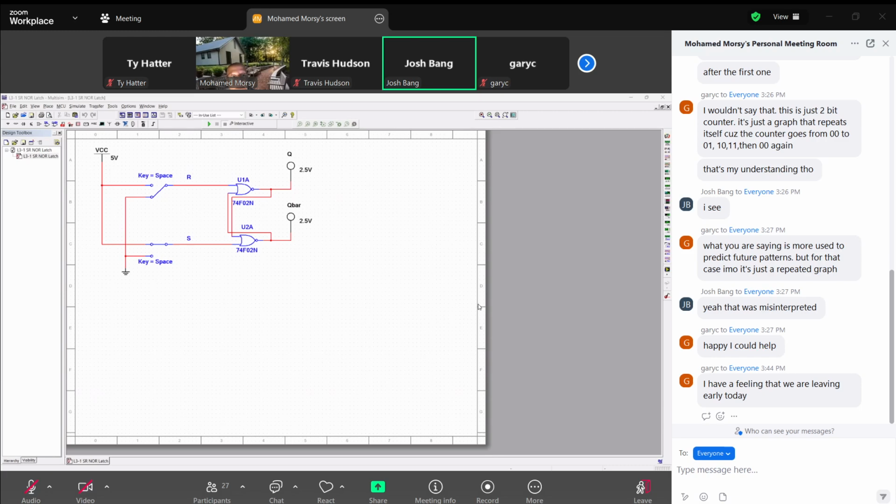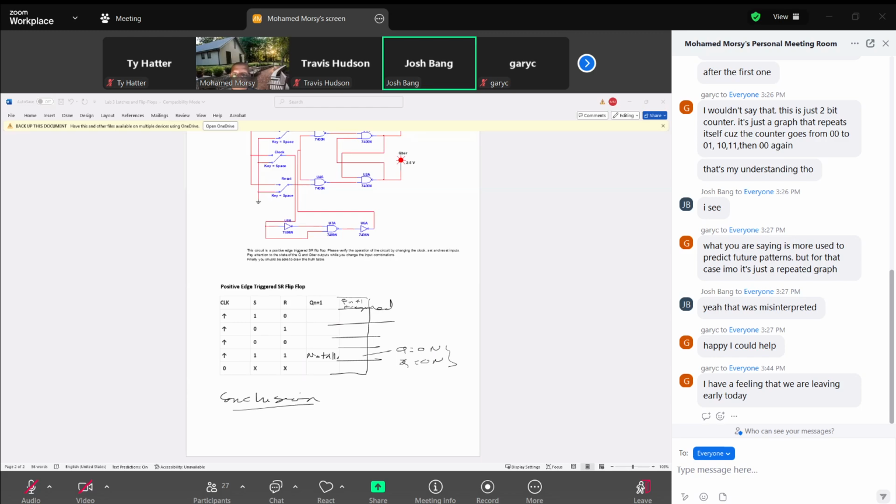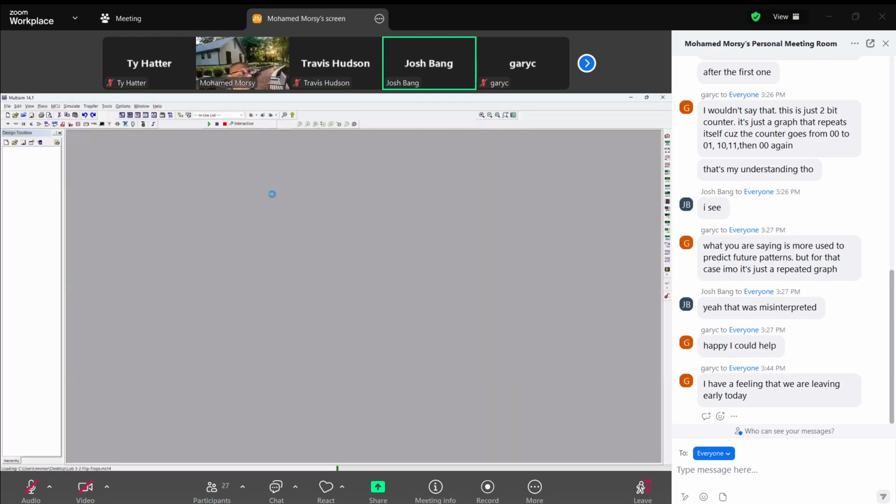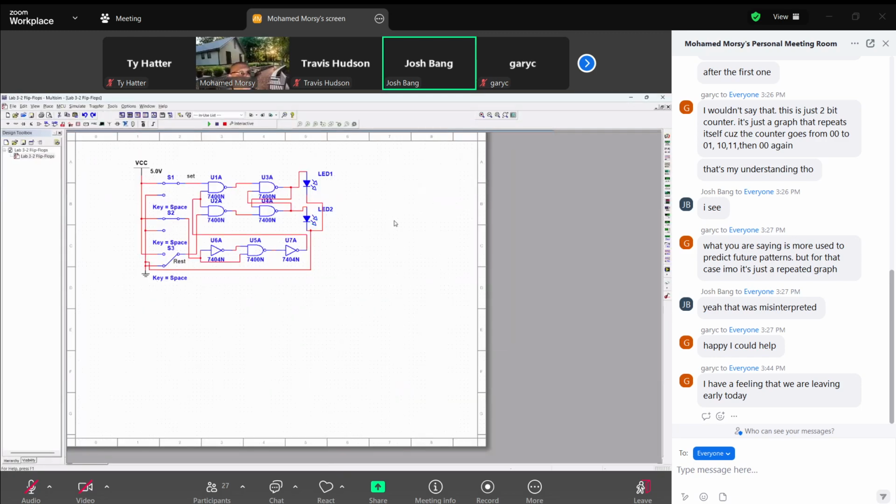The LEDs are flickering very quickly. Okay, let us go back to the second one. Just 1 second, please.